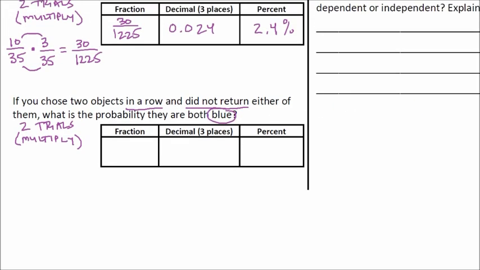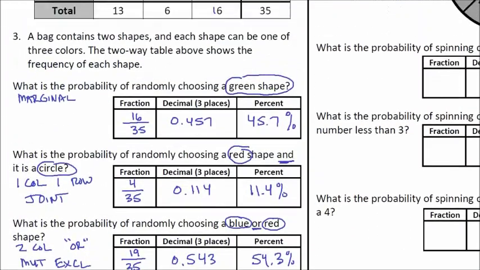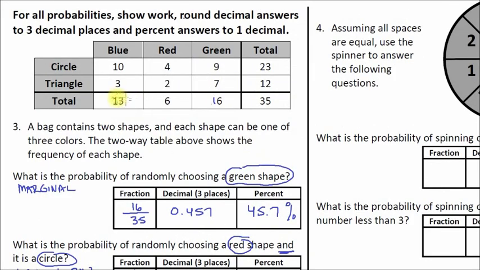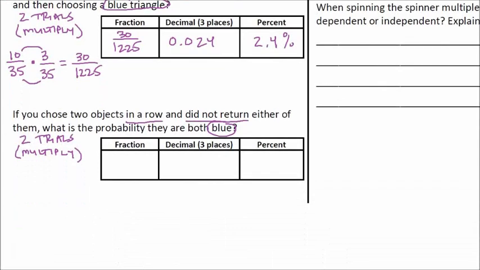So the first trial, what's the probability of picking a blue item? We've got 13 blue items out of 35. There's our first probability. 13 out of 35. Now let's think about this. We're not going to return the first thing we pick. That means we don't have 35 items anymore.